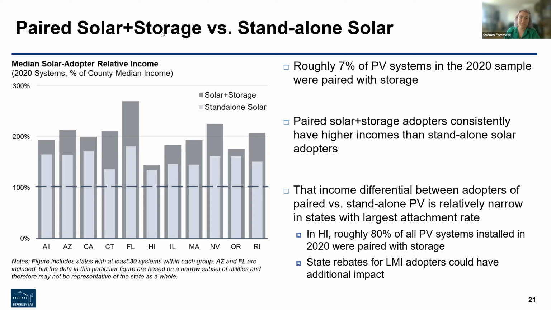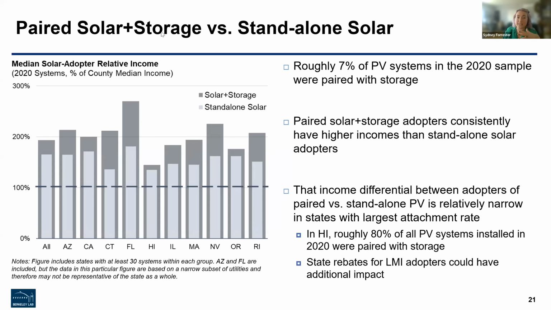So the way to interpret this figure is looking at the difference between the light and the dark gray. You can see the delta in the relative incomes, median relative incomes between those with attached storage and those with standalone solar. And then looking at, again, that dotted line, which is that county median. And so I'm not going to go over each state, but the one on the far left is just all of the sample.